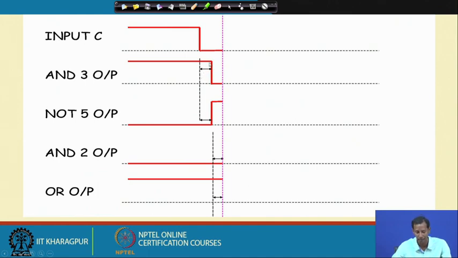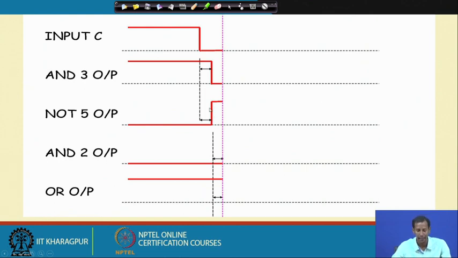So, now this is coming to 0 because of the change in C. Then the NOT gate also has some delay, and then again it is becoming 1 over here. That means the change occurs at this particular time, but because of the gate delay, after some time the AND output changes to 0 and the NOT output changes to 1.